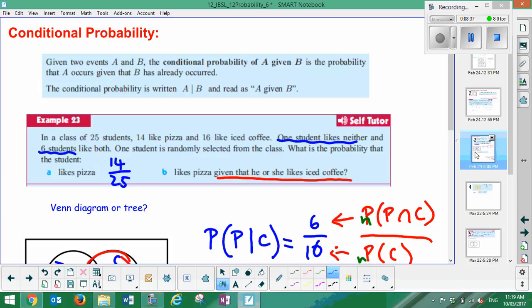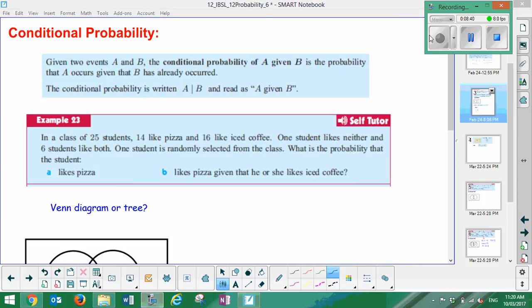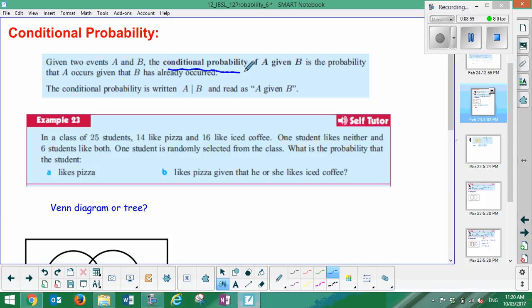Conditional probability. Conditional probability is an important area, and you'll come across this a lot, and they like to make these the trickier questions. The conditional probability was talked about in the previous video, where we have a given situation. So if we've got 2 events happening, the conditional probability of A given that B has happened.